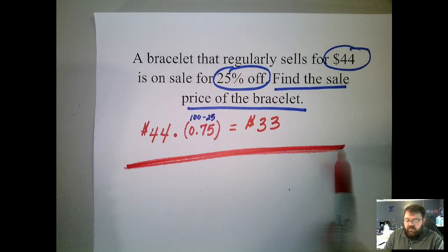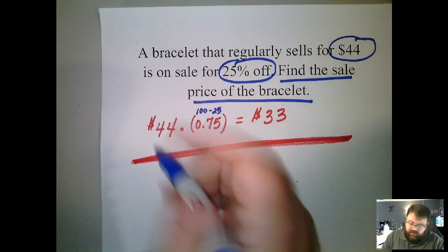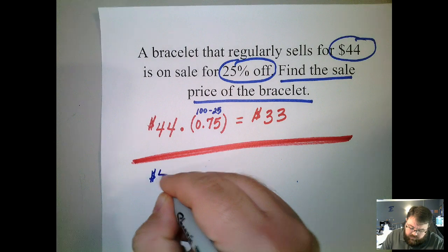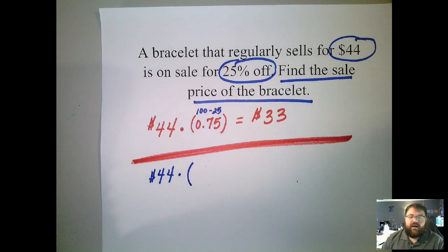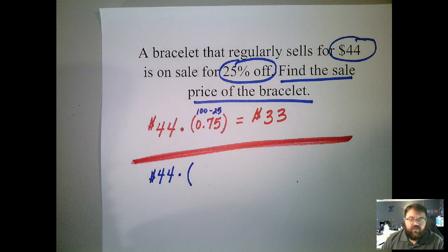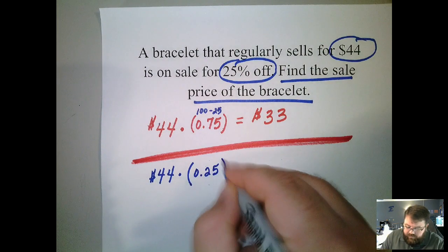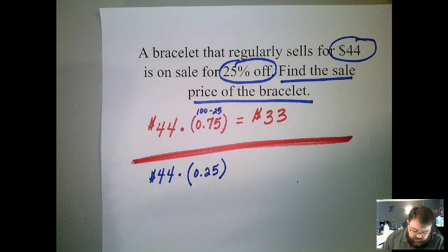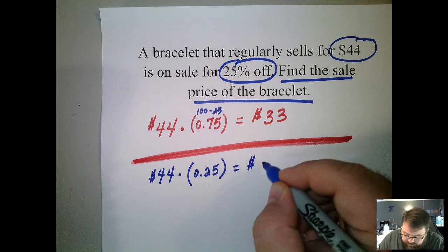Also, something completely different that you could have done was take the $44, multiply it by the 25% discount, $44 times 0.25, and you are going to get $11.